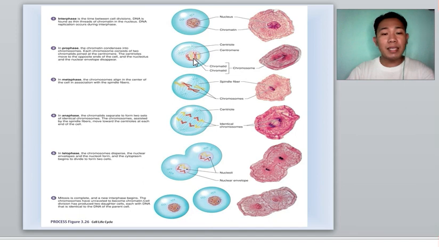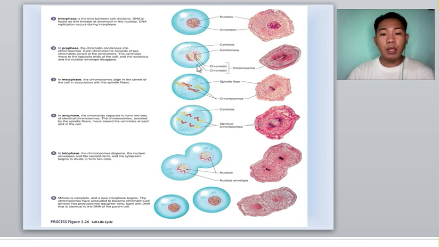In the prophase stage, the chromatin condenses into chromosomes so that it will be visible already under the microscope. Each chromosome consists of 2 chromatids joining at the centromere. So the centrioles move to the opposite ends of the cell, and the nucleolus and the nuclear envelope start to disappear.